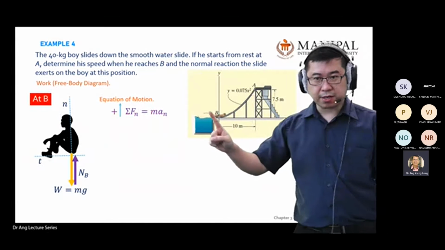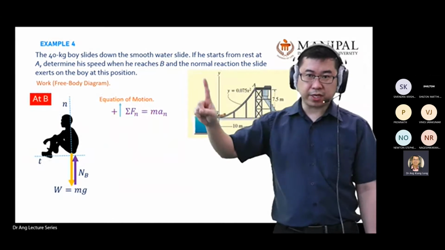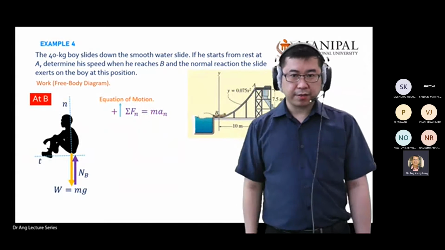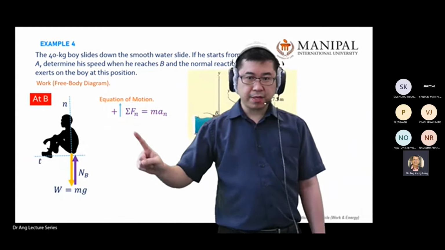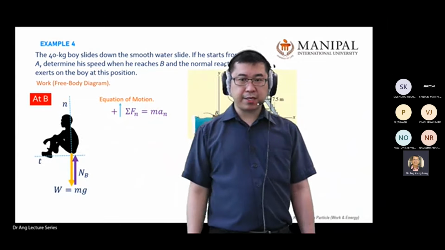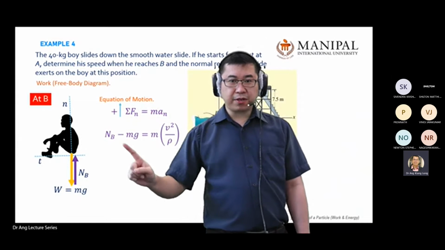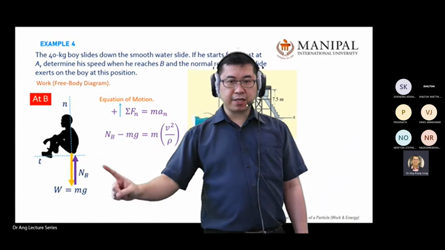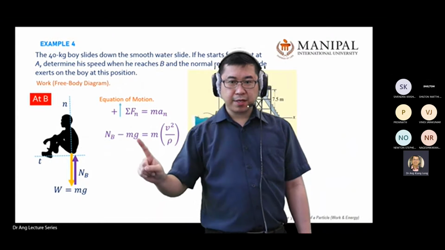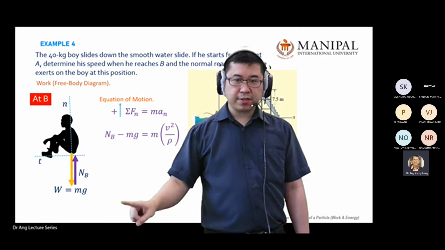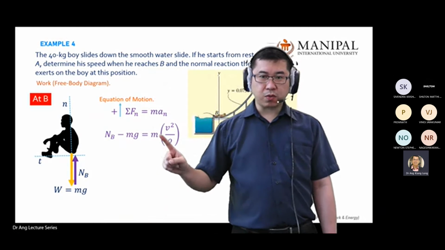Okay, F equal to ma. On the left hand side, you put all the force. NB positive because normal going up, weight going down, minus weight equal to ma.